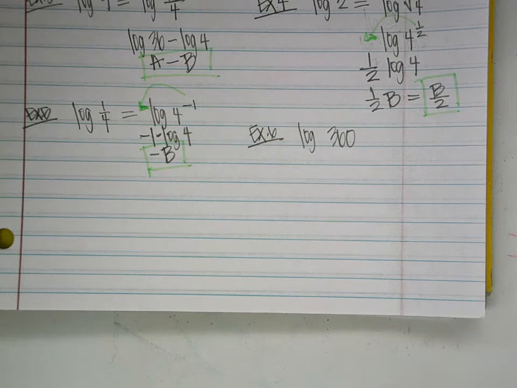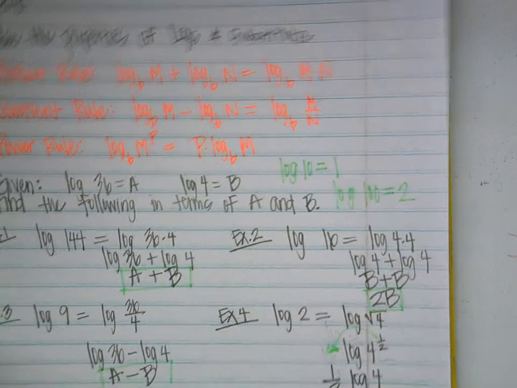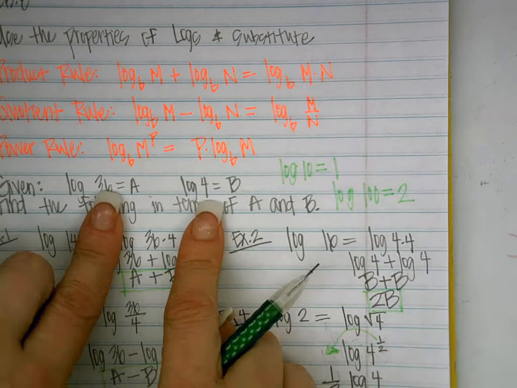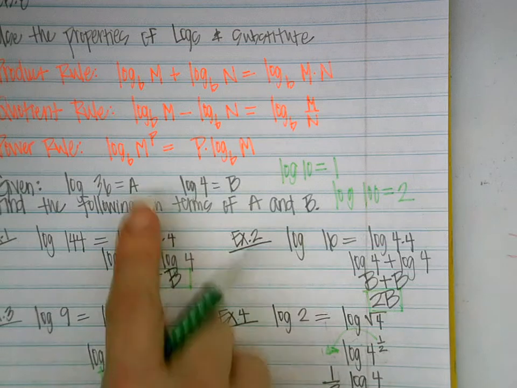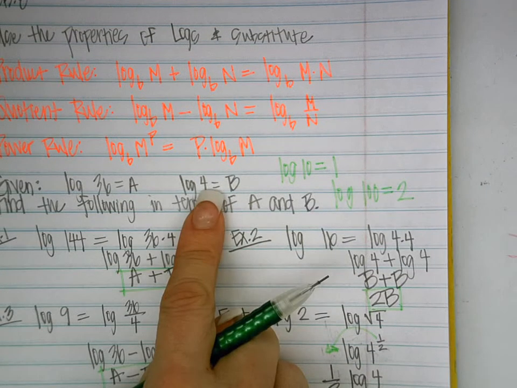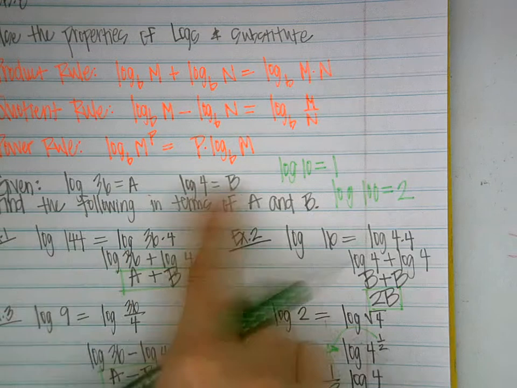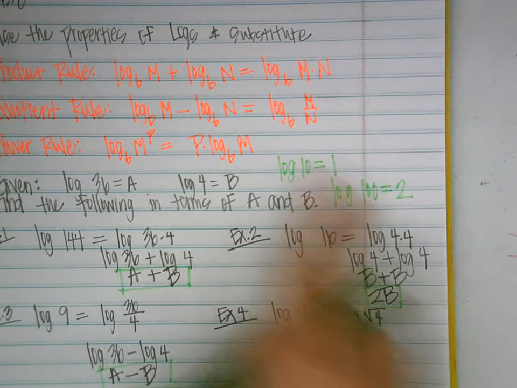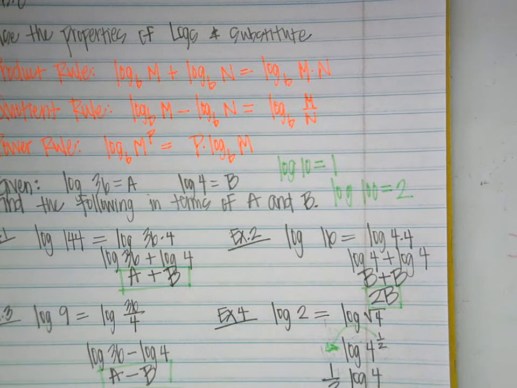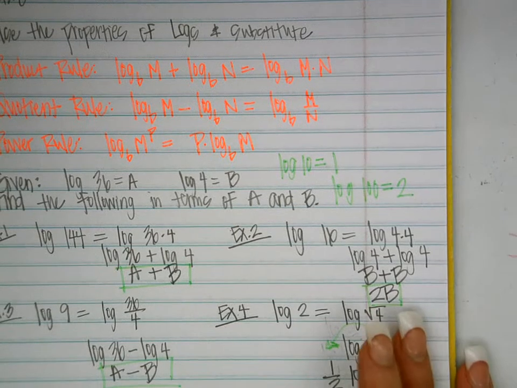Any ideas? 36 and 10, okay? This is why at the beginning I gave you some more. I said, think of what else do you know? Because if you just had 36 and just had 4, you don't have enough. Even though these are given to you, these are ones that you automatically know. That's why I've been making you do all those log facts. Because you know your multiplication facts. You know the log facts.